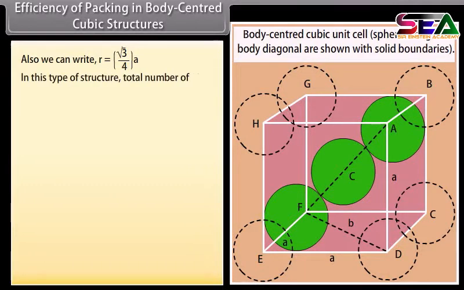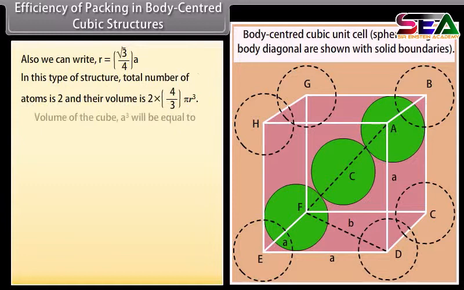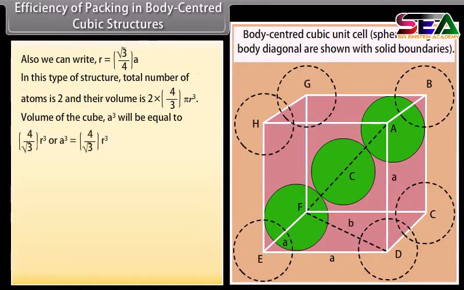In this type of structure, total number of atoms is 2 and their volume is 2 into 4/3 pi r cube. Volume of the cube, a cube, will be equal to (4 upon square root 3 r) cube.